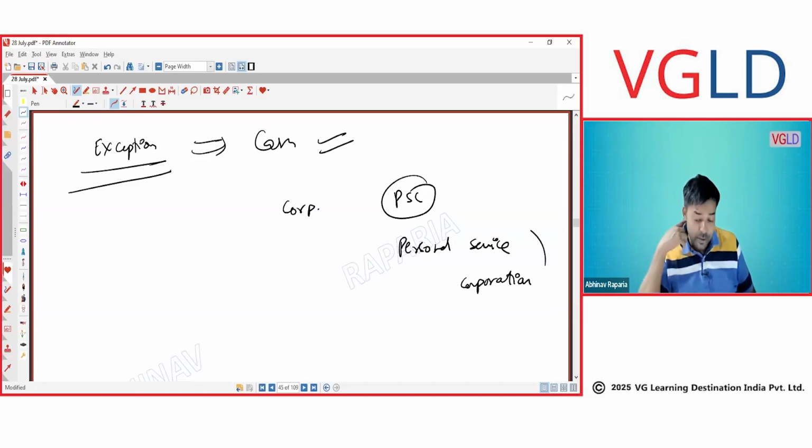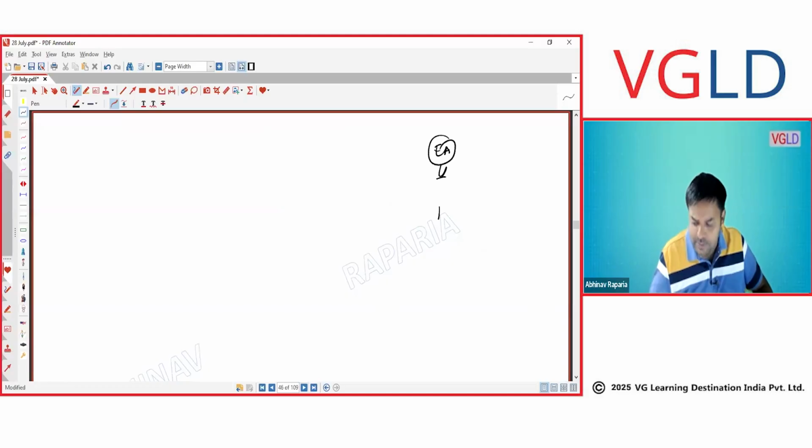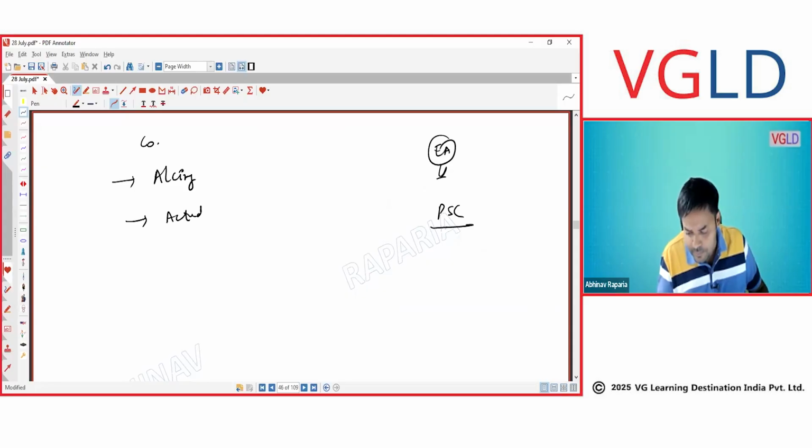Personal Service Corporation means a company you have created which is more about professionals, guys. For example, if you become an EA and you create a company, that company would be a PHC, Personal Service Company. So any company in the field of accounting, actuarial, engineering, anything.